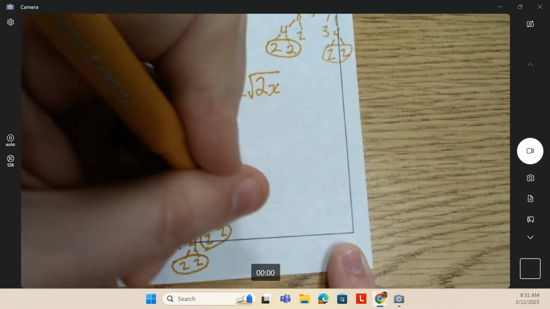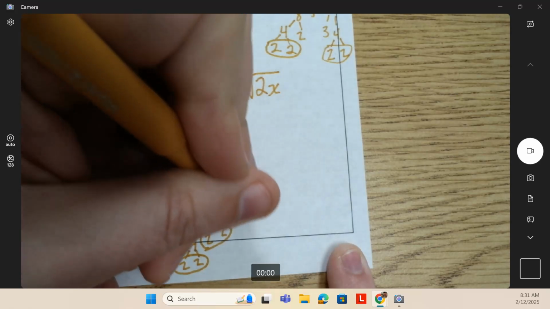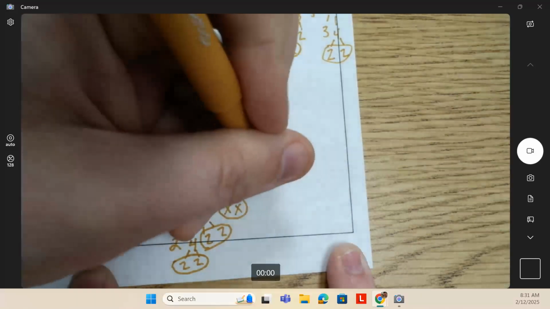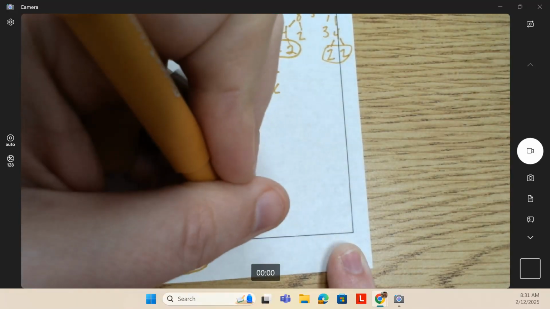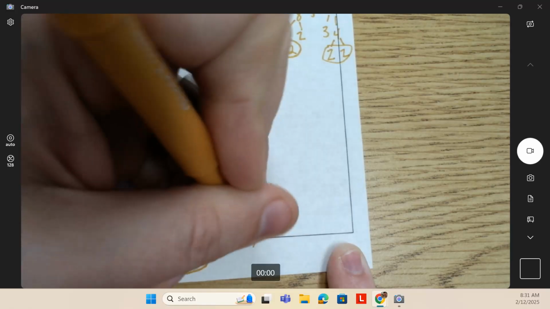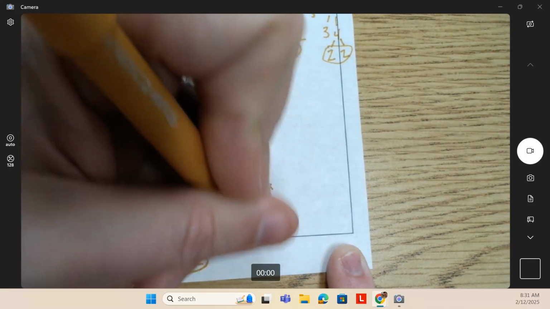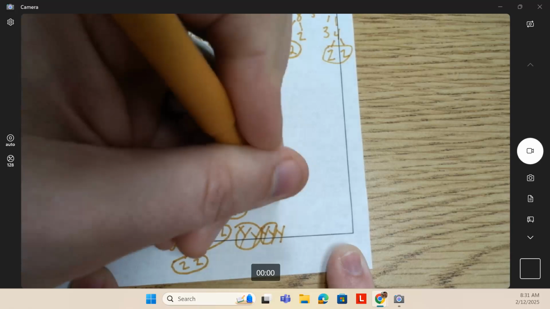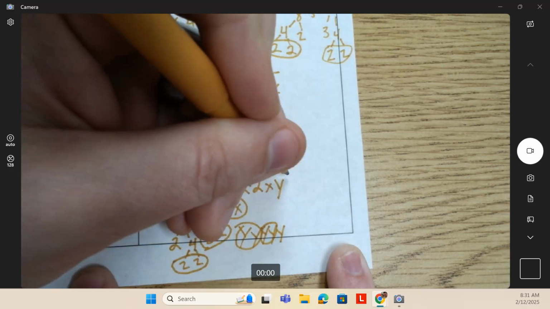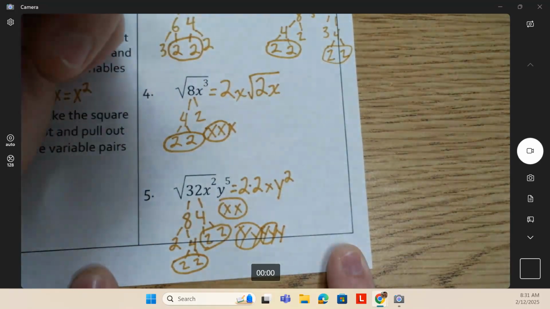Then I have 2 x's, which just make a group. And y to the 5th gives me 5 y's, which would be 2 groups there. So you can put 2 y's, which is really just y squared.